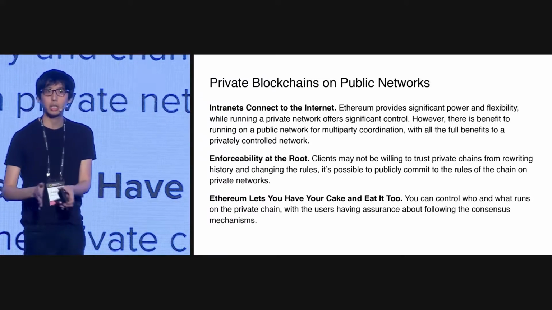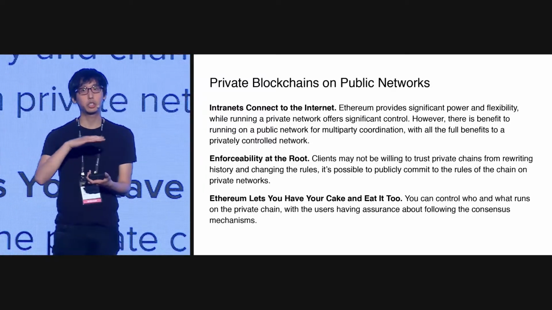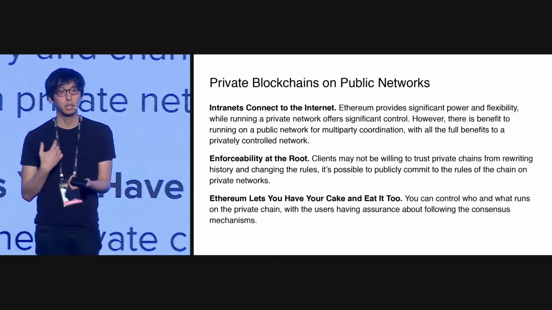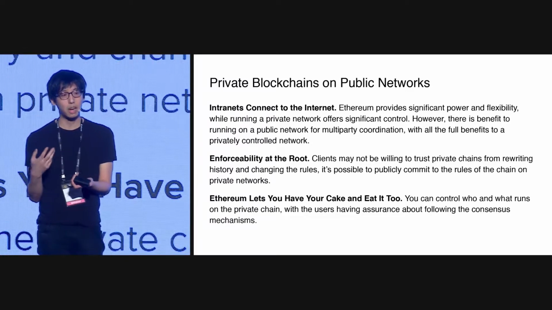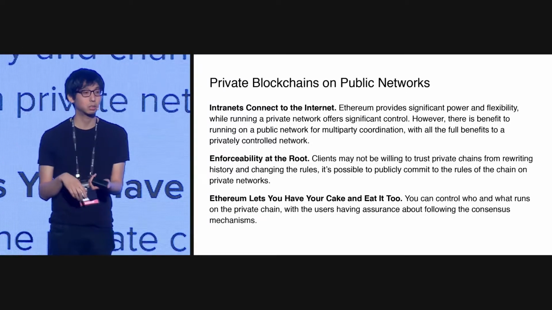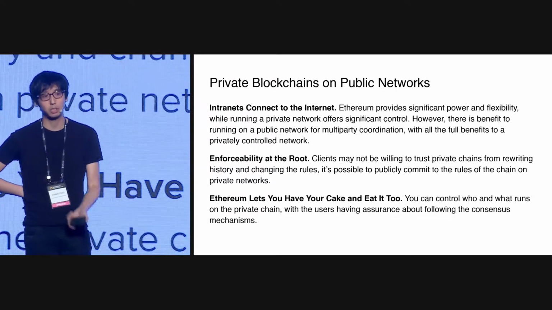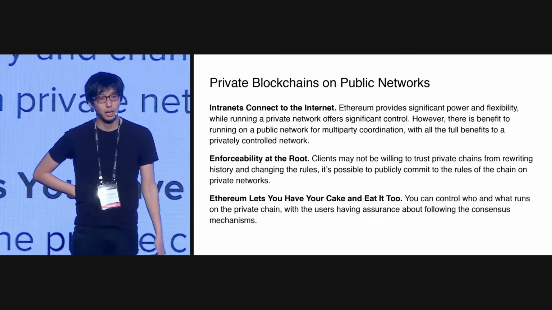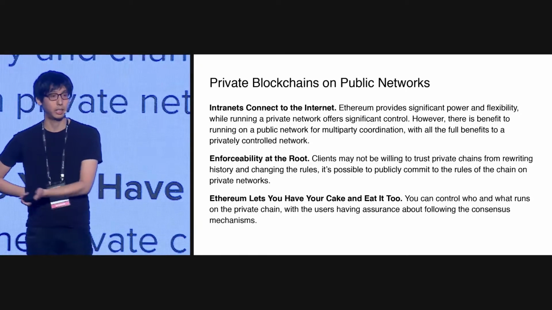We're going to switch gears now, and we're going to be talking about why this is relevant, right? Beyond the issue of scalability, why is this interesting? What I find compelling about this is that you can build private blockchains on top of public networks, right? And that's very relevant because a lot of corporations, especially large enterprises, are interested in this topic. You can reason about this in a similar way to how intranets connect to the internet.